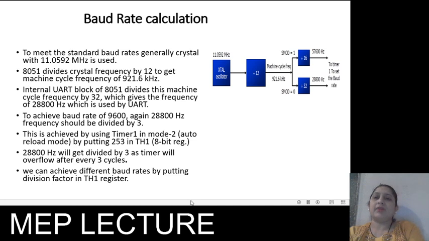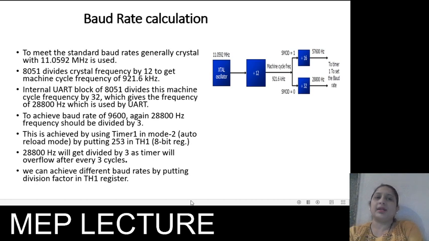Then if you divide 921.6 kilohertz by 32, what value are we getting? 28800 hertz. And if SMOD equal to 1, we divide the machine cycle frequency by 16, where we get 57600 hertz. And this will be sent to the timer to set the baud rate.